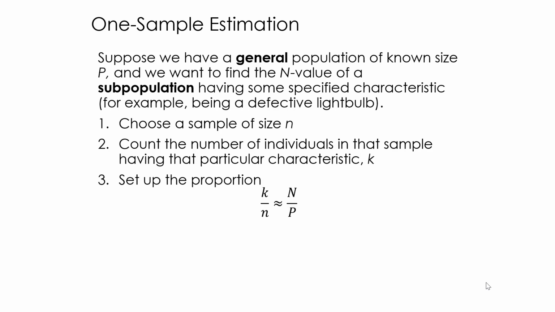Then we set up the proportion: k to n, the number of objects in the sample having that characteristic divided by how many are in that sample, should roughly be in the same proportion as in the general population, the population size n divided by P, the total population.